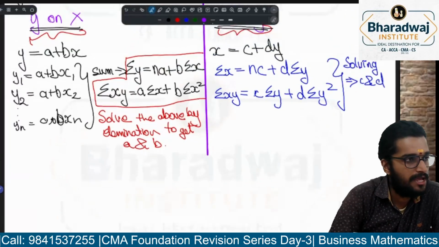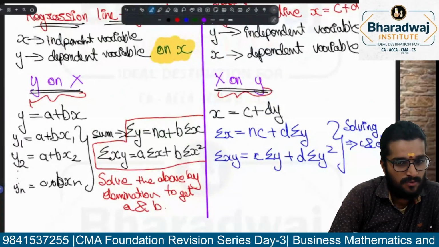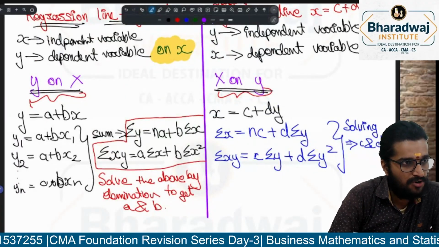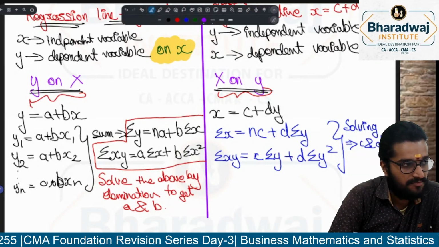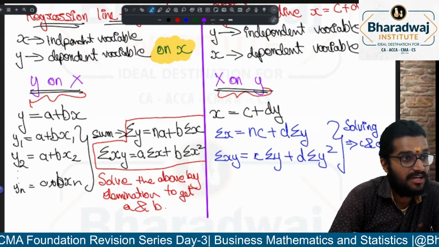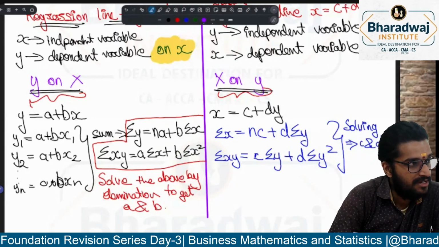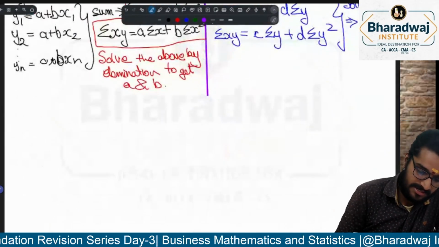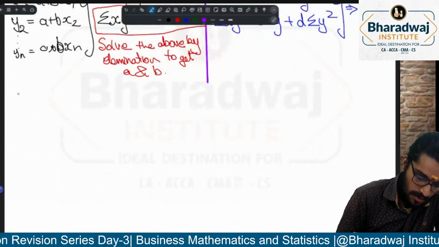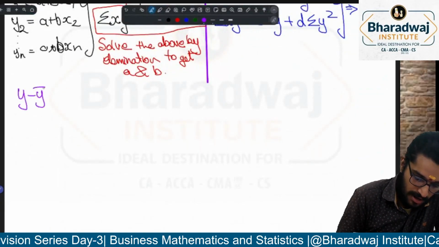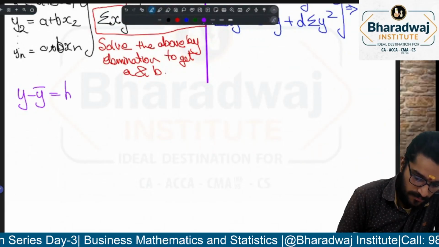Y equal to a plus bx is one formula. We can also try to find the same with the help of deviations, similar to one which we discussed earlier, which is y minus y bar is equal to b.